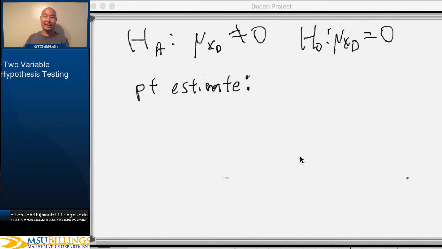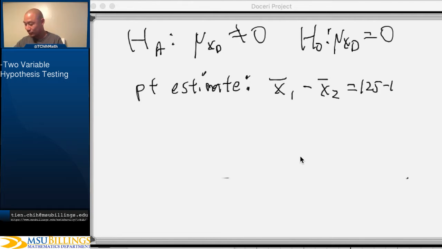My actual point estimate then is the observed mean from the first of my two random variables minus the observed mean of my second random variable, and in this case that's just 125 minus 136, which is minus 11, right?